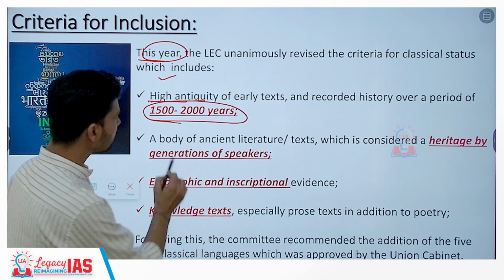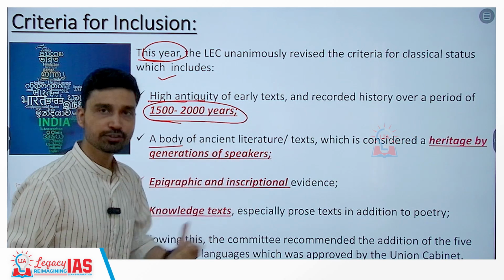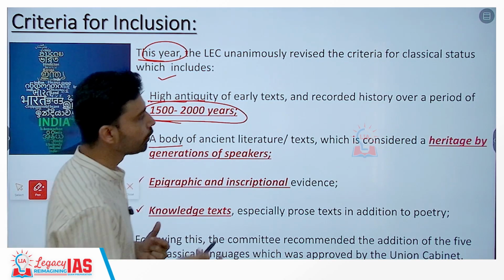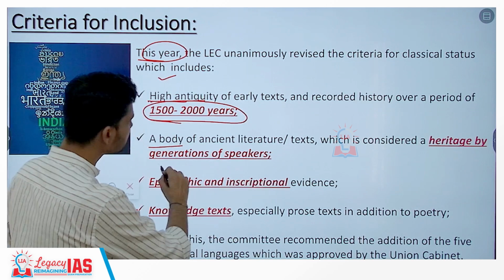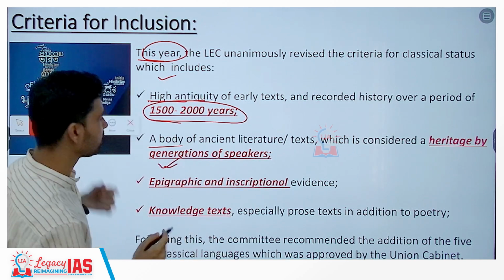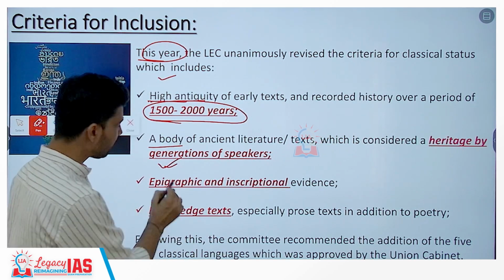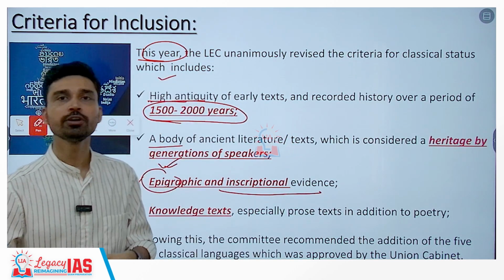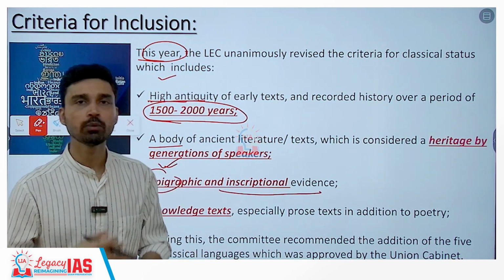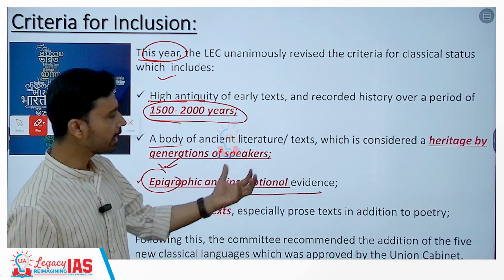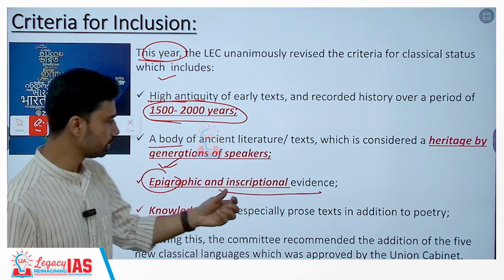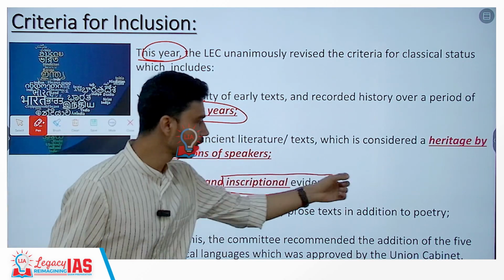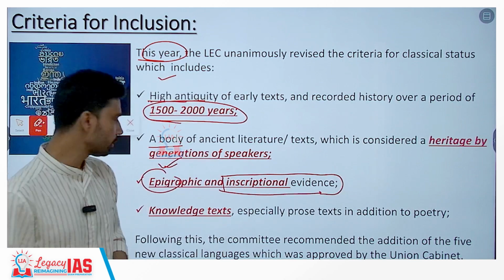Second, a body of ancient literature or text should be present within that language, which is considered a heritage by generations of speakers. Third, the language should have epigraphic or inscriptional evidence. That means the language should be written on inscriptions erected by the kings of earlier times.